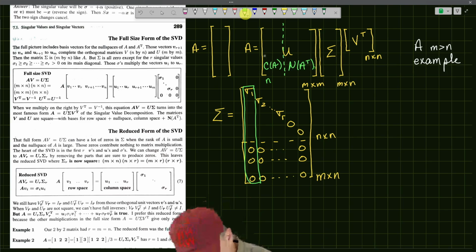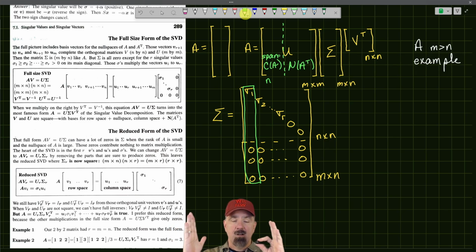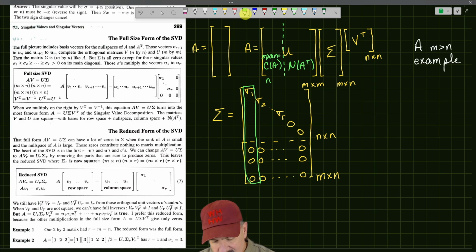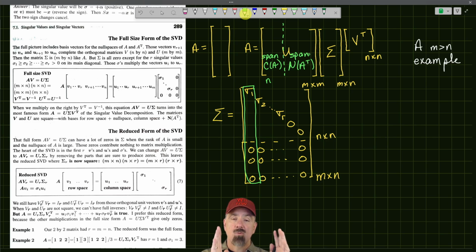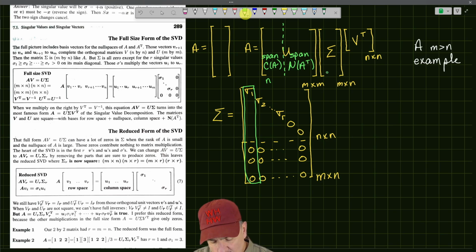So when we take the span of the u vectors from 1 to n, that's going to be a basis for the column space. And then the rest of them, n plus 1 out to m, are a basis for the left null space. So this is the way in which we can think about and actually shrink down SVD.